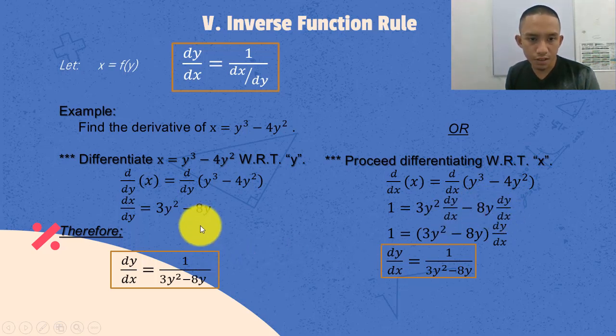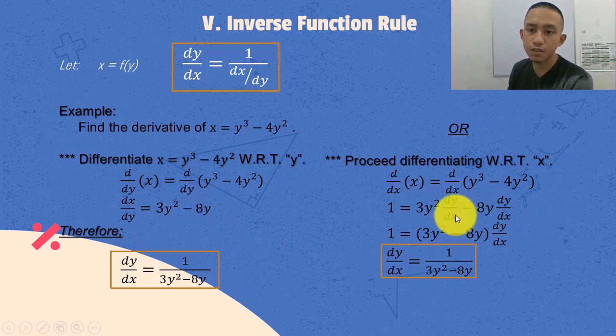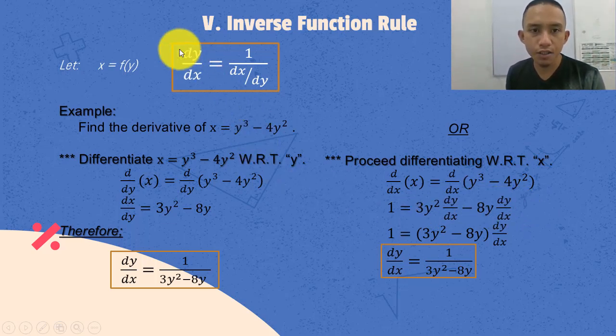It is almost the same as this, but when we differentiated this one with respect to y, that is 1, so it is not present here. But since it is now with respect to x, that should be there, dy/dx or y prime. Now, what we are after is dy/dx, or your y prime.